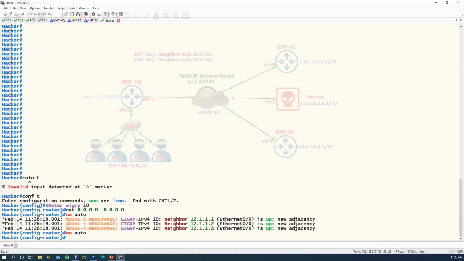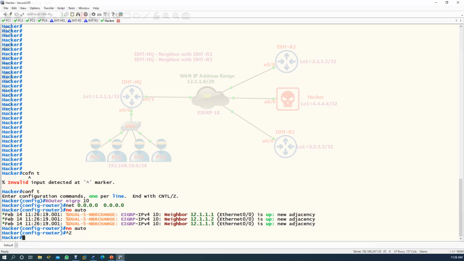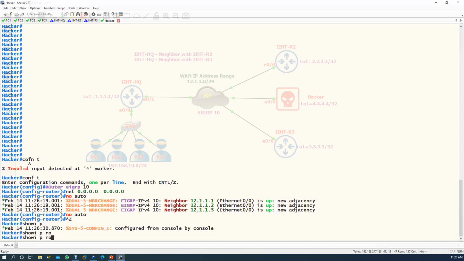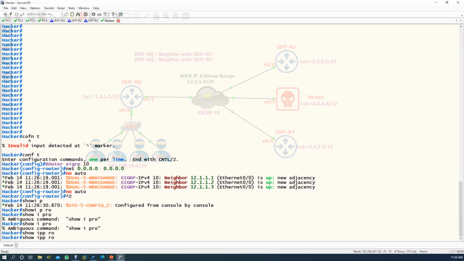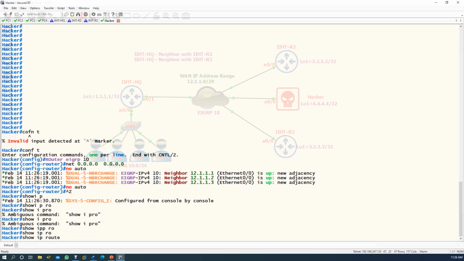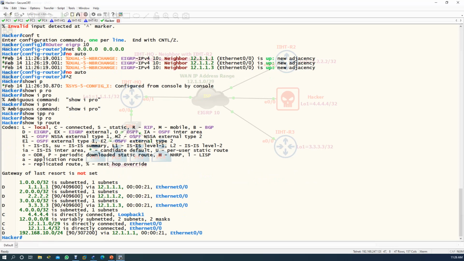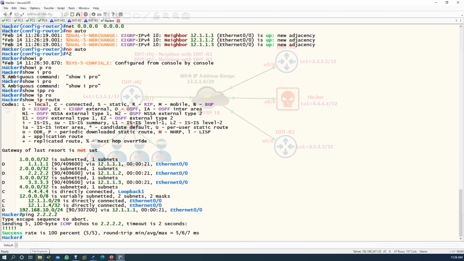Once the hacker has enabled EIGRP, if you are EIGRP and I am EIGRP, we will become neighbors. So if you see here, the hacker will also get all the routes in the IP route. The hacker is getting all your branch routers and your networks, so the hacker can also ping your network and penetrate it.